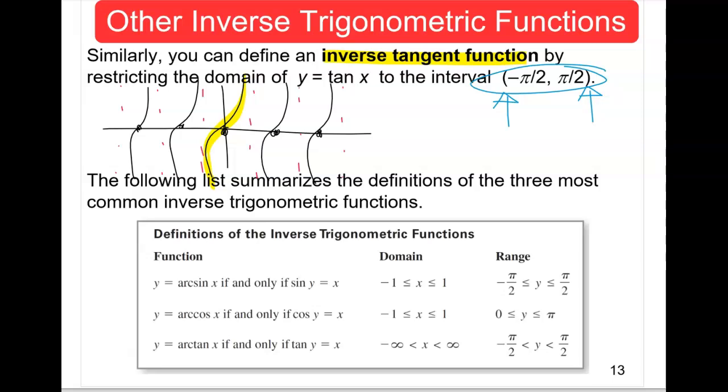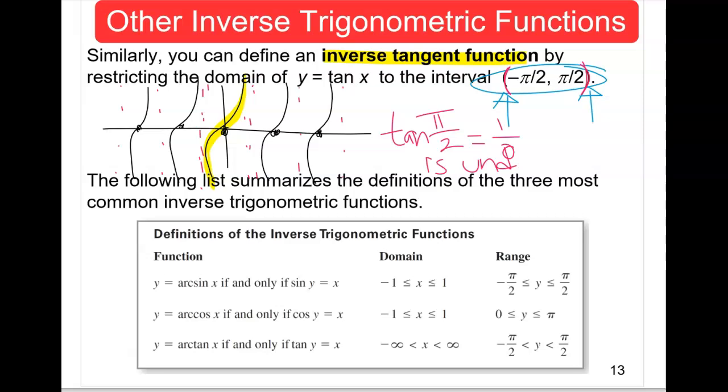In fact, they must be excluded because they happen to be the vertical asymptotes. That is because the tangent at pi/2, since cosine is 0, will be something like 1/0, so we say it is undefined.